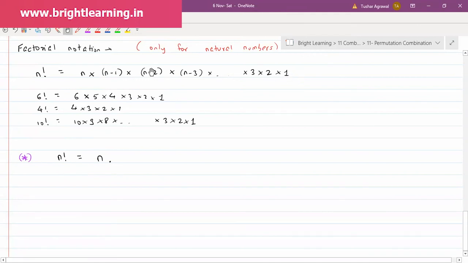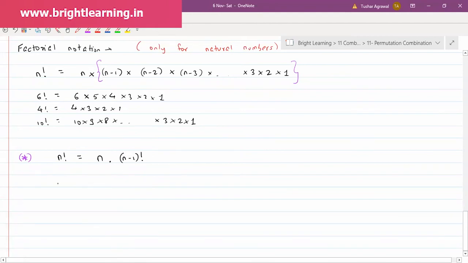So n minus 1, n minus 2, n minus 3, and so on. So can you see that I can write it as n factorial equal to n multiplied by this whole bracket, the terms enclosed in the purple bracket. And what are the terms enclosed in this purple bracket? Can I write it as n minus 1 its factorial? n is separate and n minus 1 factorial separate.